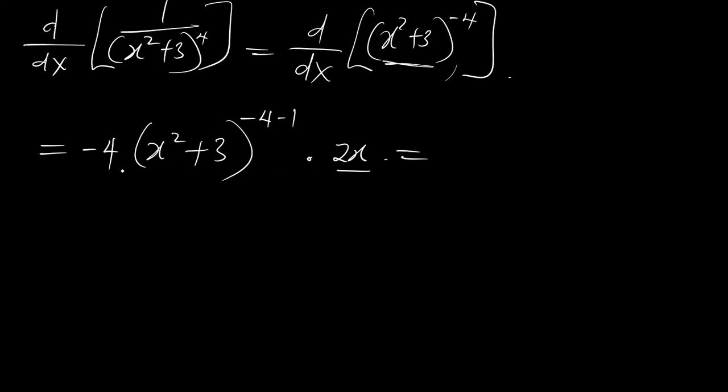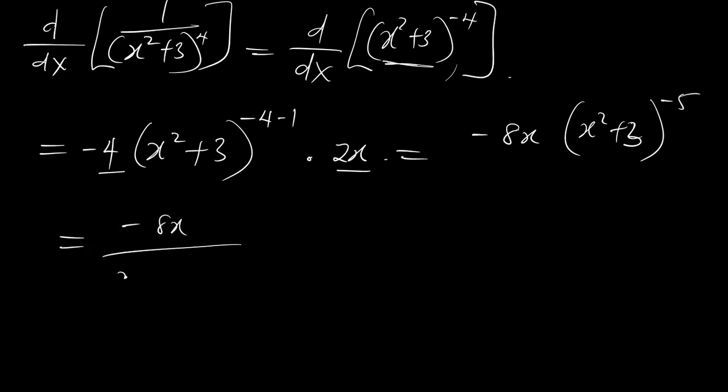So 2x times 4 gives minus 8x times x squared plus 3 to the power minus 5. So this will give you minus 8x all over x squared plus 3 raised to the power 5.